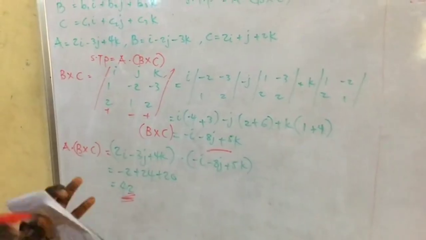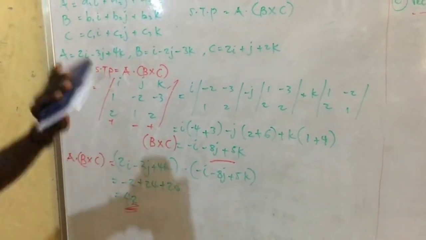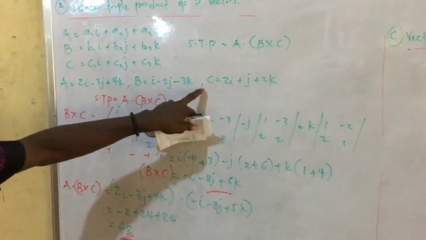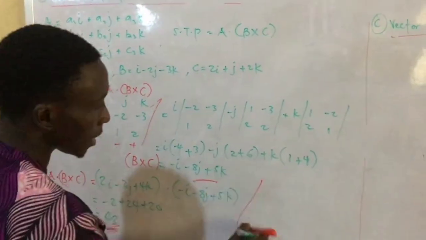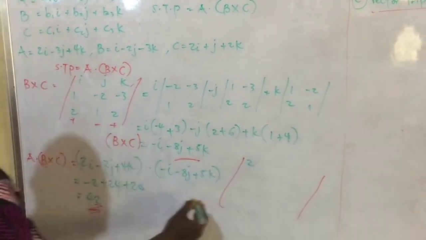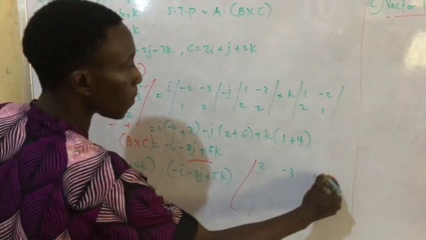But in case you want to do it directly, you can create your matrix all together in just one place, saying this is A dot B then dot C. You can create that matrix as 2, minus 3, then plus 4.